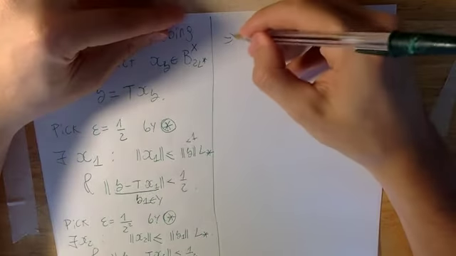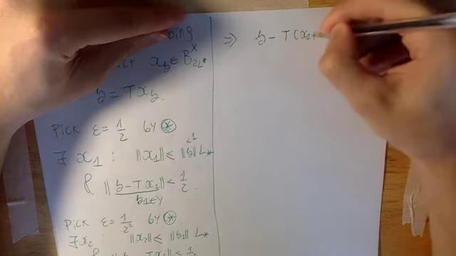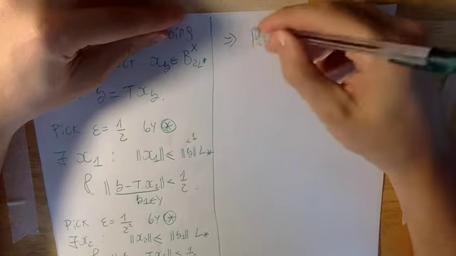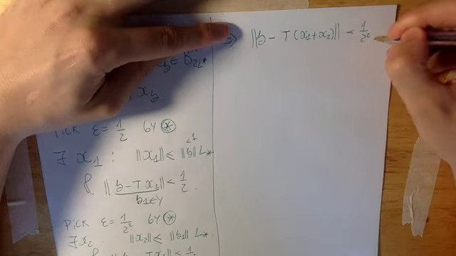I can keep doing this for every y. But this implies that y minus T of x1 plus x2 is less than 1/2 squared.